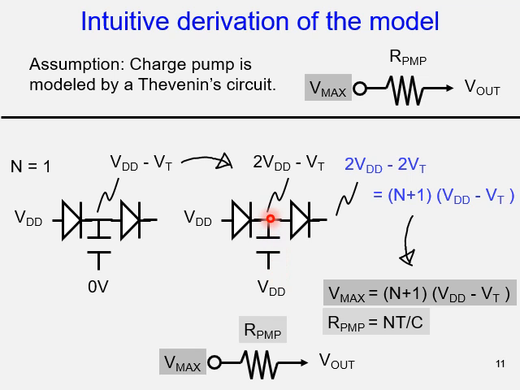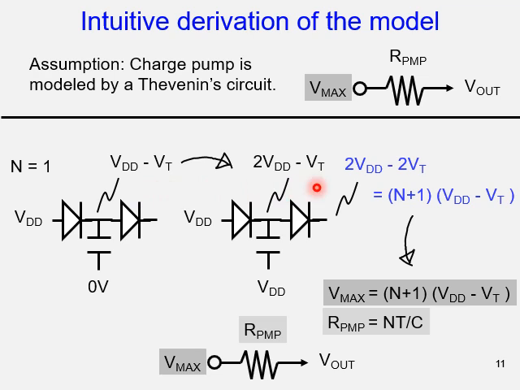Therefore, the top node is boosted up by VDD, resulting in this amount of voltage. And because of this another diode, the output is this value as max.